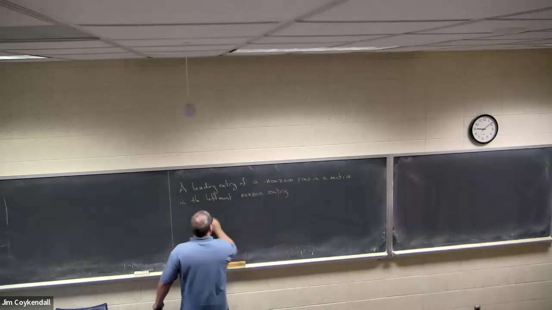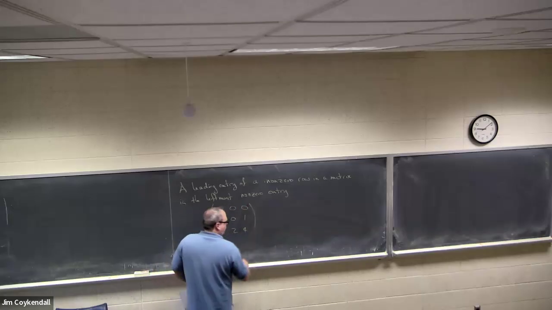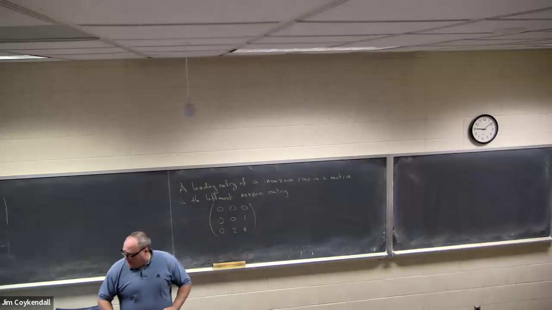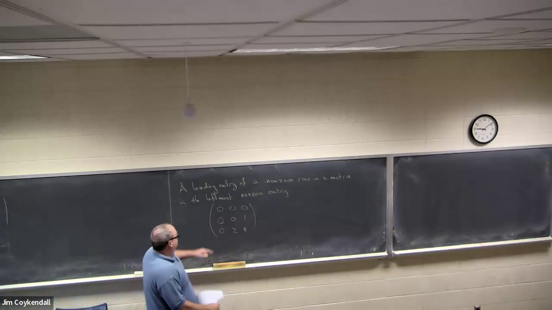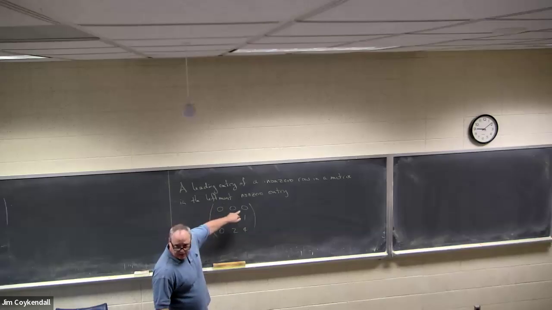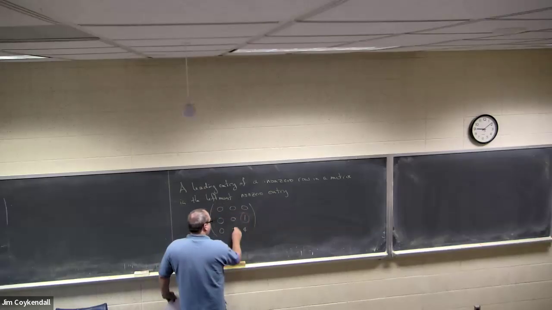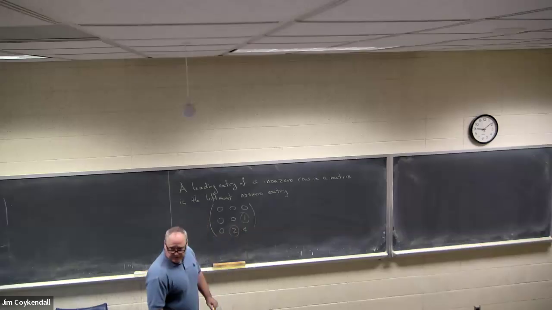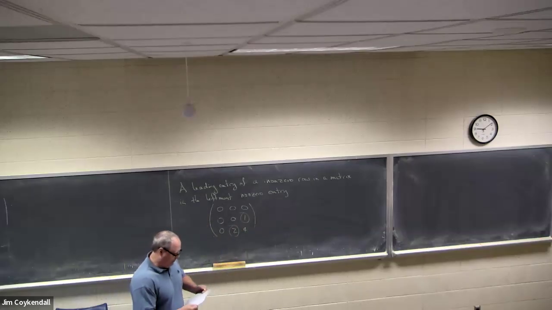So for example, if I give you this matrix here, and I say, okay, what are the leading entries? This row has none because all the entries are zero. The leading entry of this one is this, and the leading entry of this is this. It's just the leftmost non-zero entry in any row of the matrix, right?